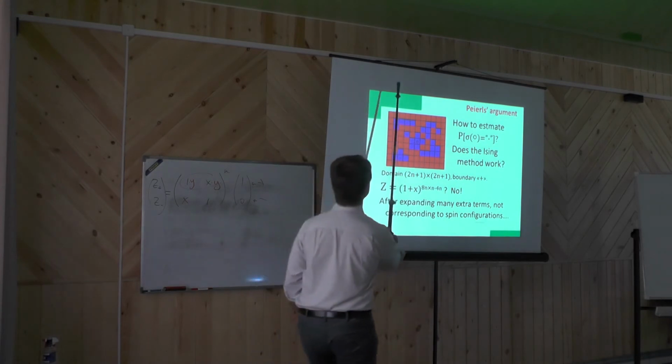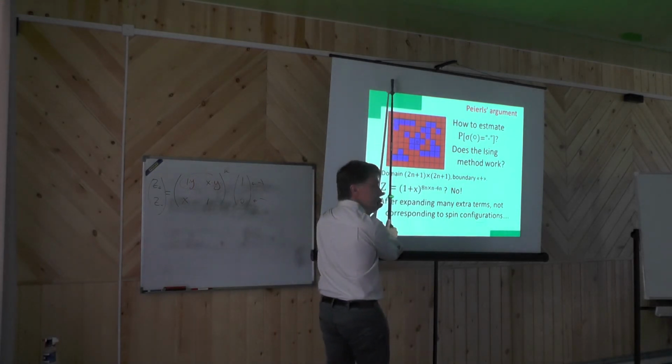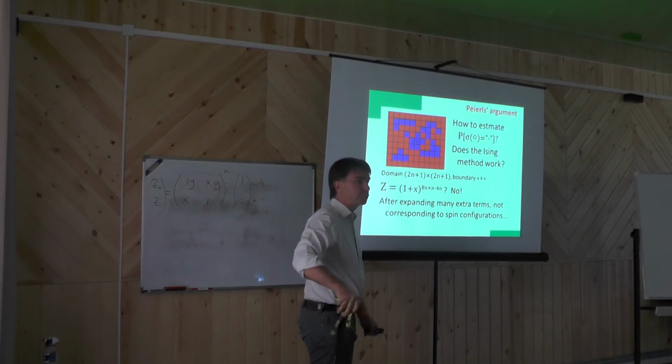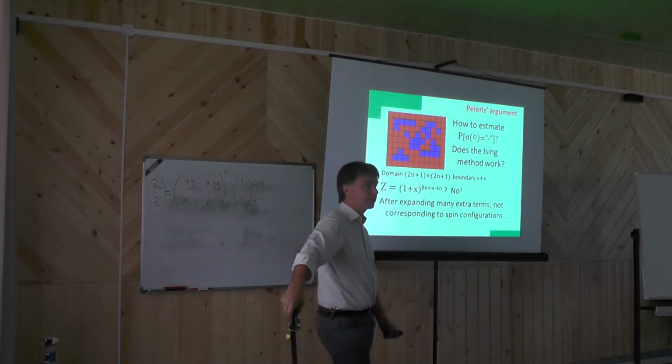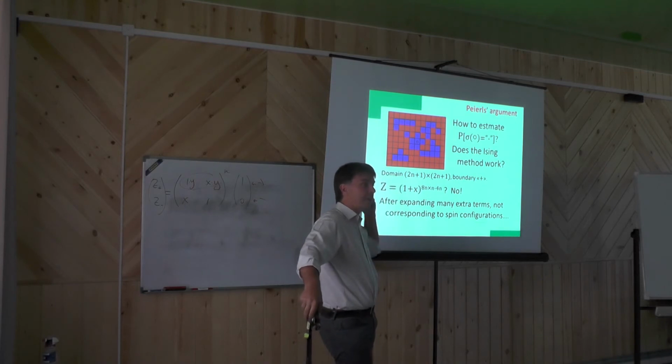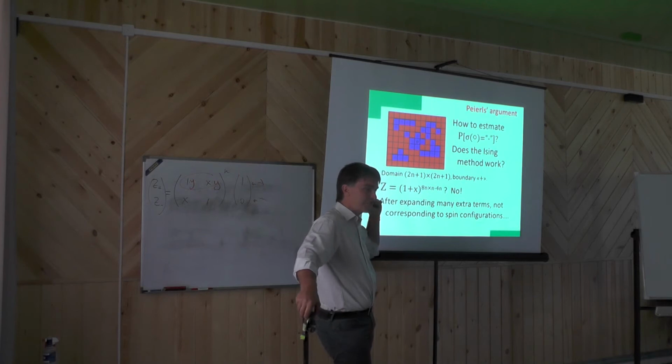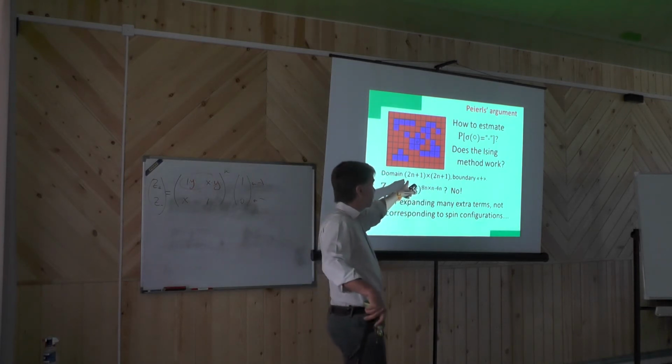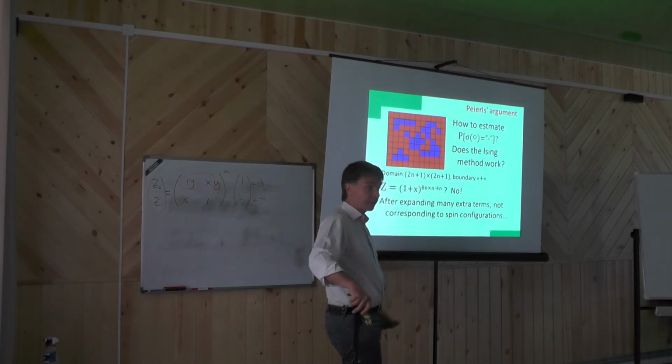Now if I cut it here, there are 9 spins, so there are 2 to the power 9 possible states, 512. So for this picture alone I will have a 512 by 512 matrix, which is already much more difficult to linearize. And I will need to linearize it for arbitrary large n.